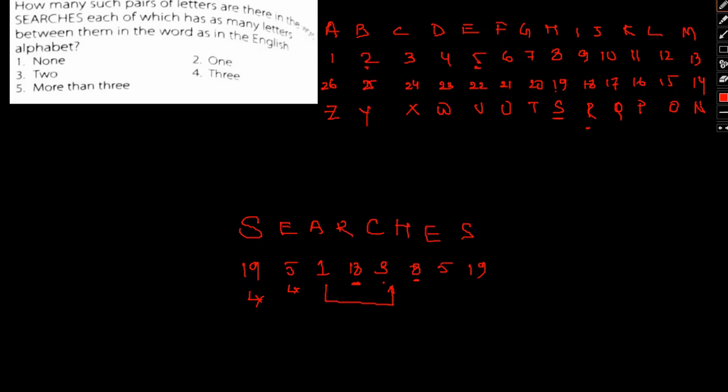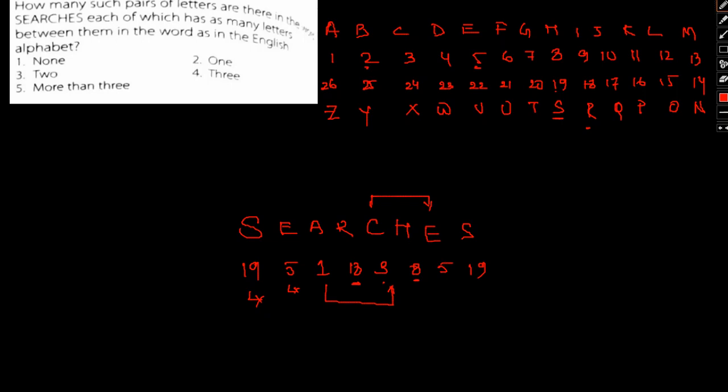Again 3 to 5, yes, that also helps, there's only one letter between them. 3 to 5, 18, 19, nothing. 8 to 9, no, nothing. If you come backwards, again 19, nothing. 5 to 3, 5, 4, 3, we have already counted this, we cannot take it again. 8, 18, none. 3 to 1, again it's already done.